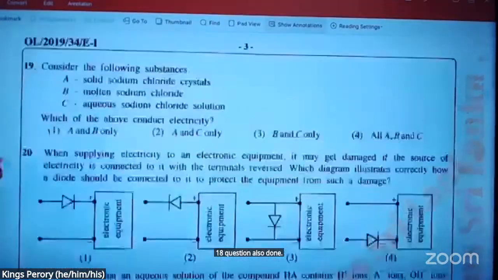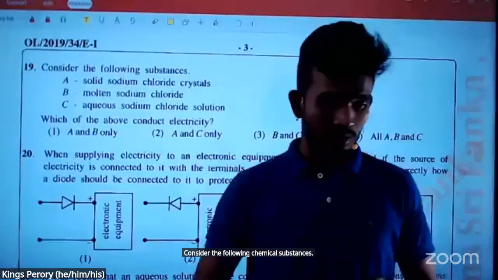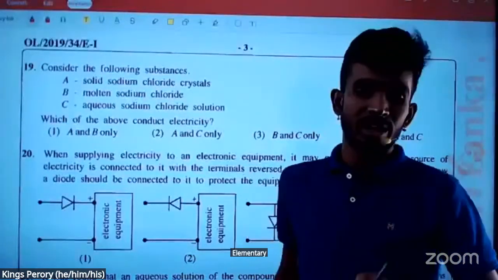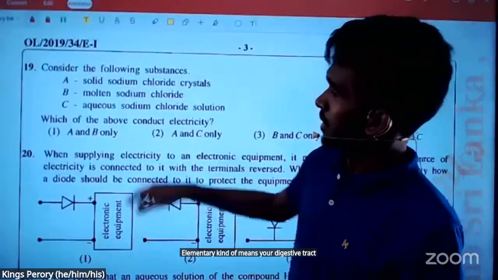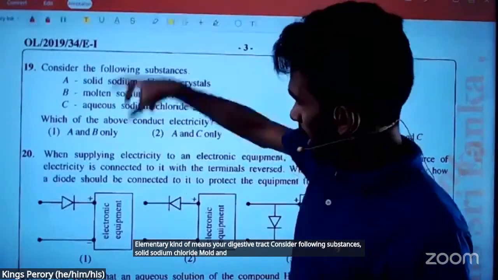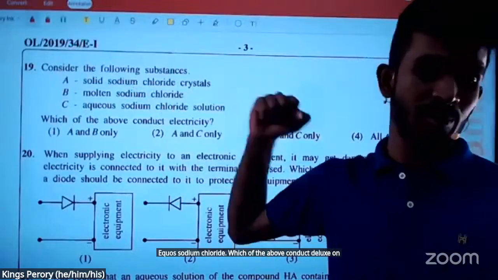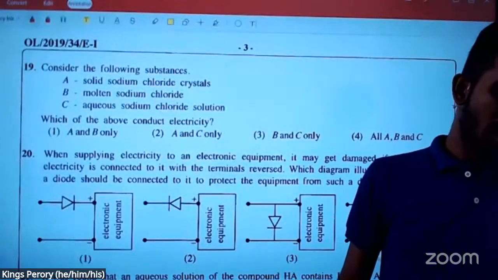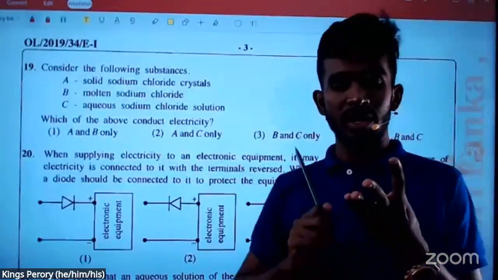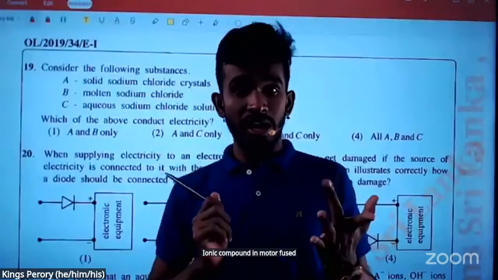19th question. Consider the following chemical substances. Alimentary canal means your digestive tract. Consider the following substances: solid sodium chloride, molten sodium chloride, aqueous sodium chloride. Which of the above conduct electricity? On Chemistry Night, I taught: ionic compound in aqueous medium, ionic compound in molten fused state, aqueous acids, aqueous bases.